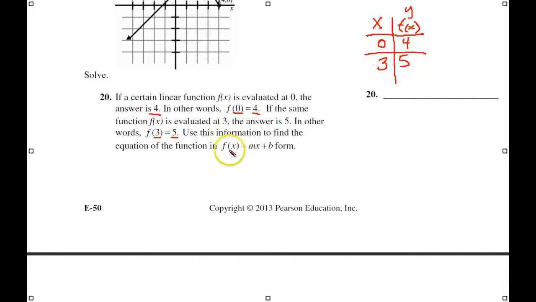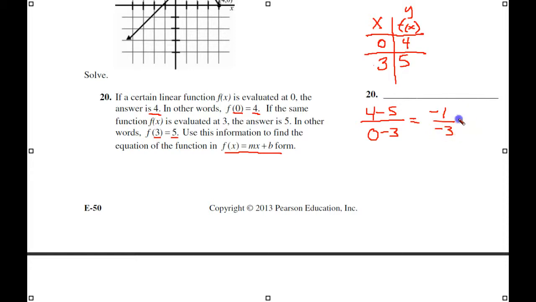They want us to give a function in this form. So we're going to use formula 3 to find the slope. 4 minus 5 over 0 minus 3. So this becomes a negative 1 over a negative 3.